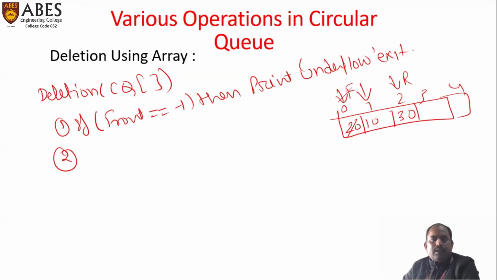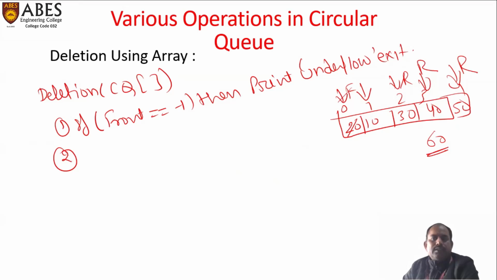Now again, suppose we insert some element, like we have inserted 40 at this location, the value of rear is here, and we have inserted 50, the value of rear is here. Now, if you want to insert 60 in this case, then what happens? The value of rear is set at 0.